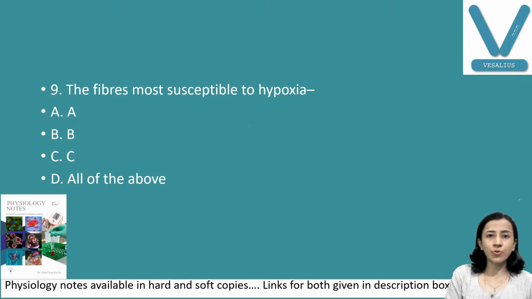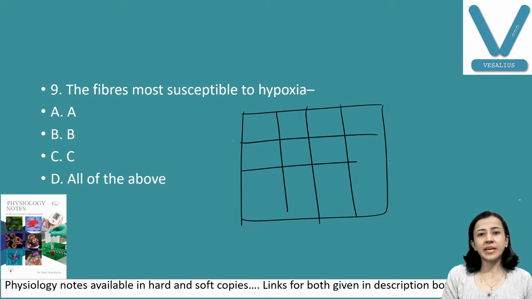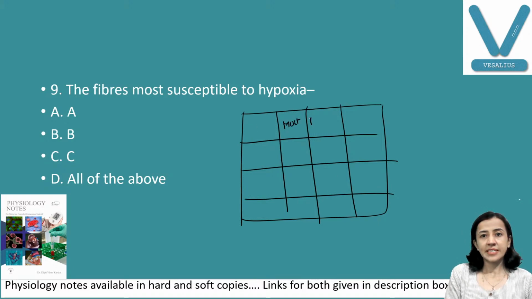I told you how to make the table, the physio-clinical classification. This way you have to make the table, so you will never make any mistake. Most susceptible, intermediate, and least susceptible. HP, hypoxia, pressure.